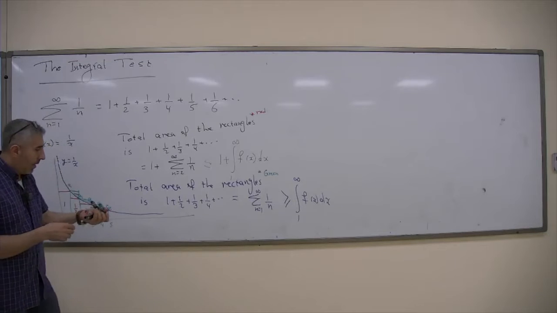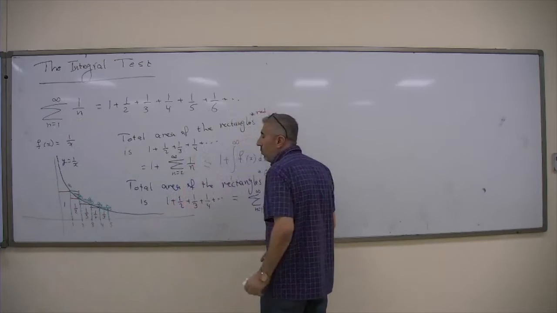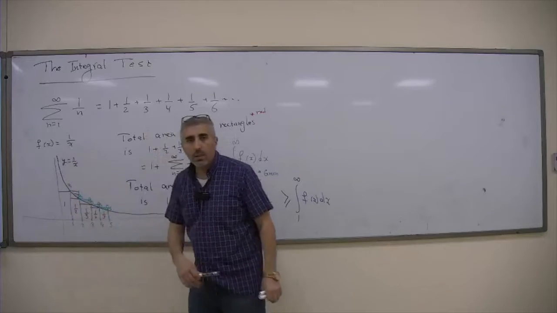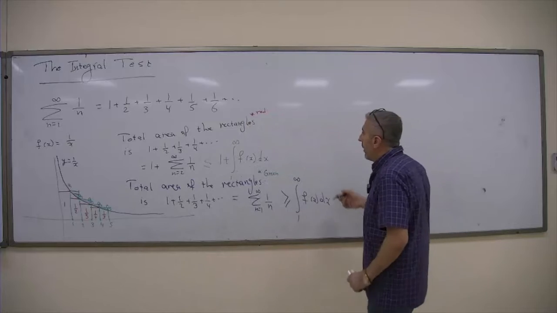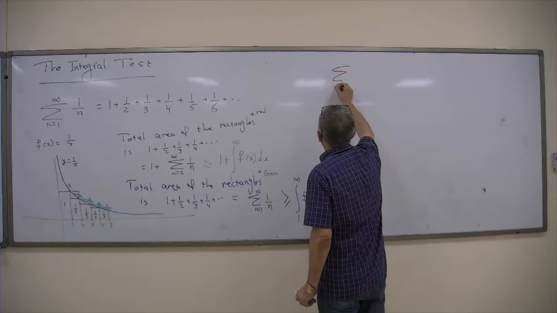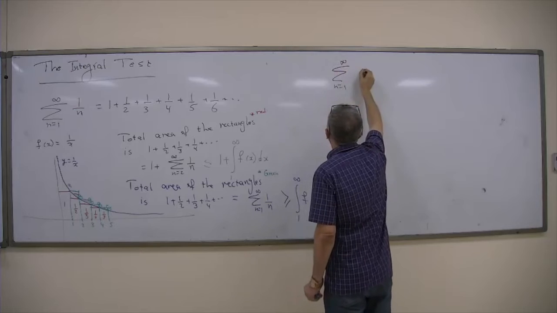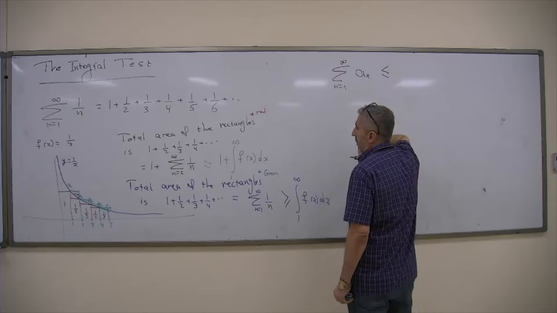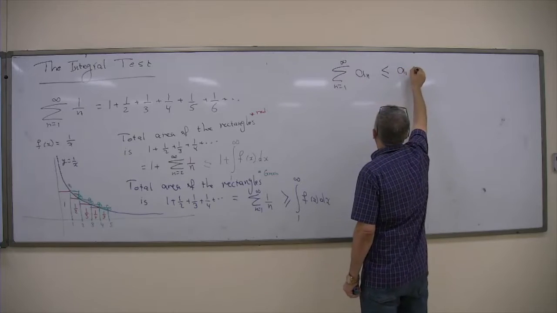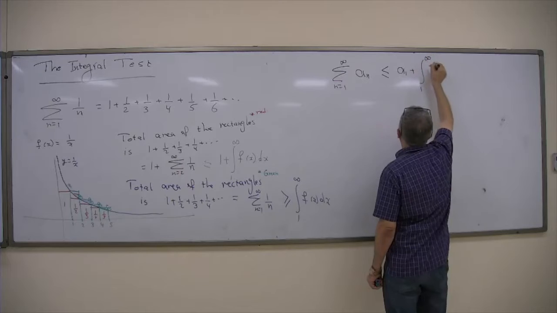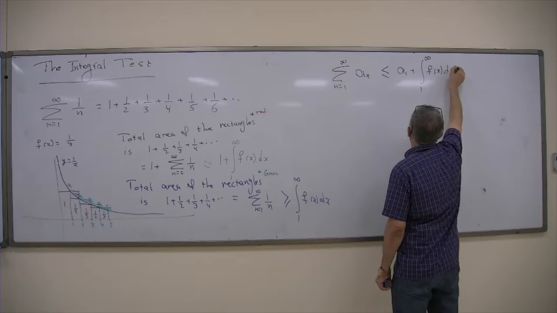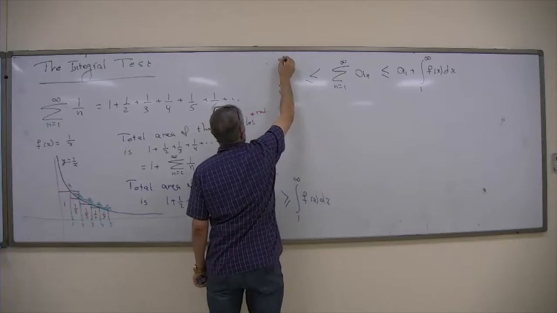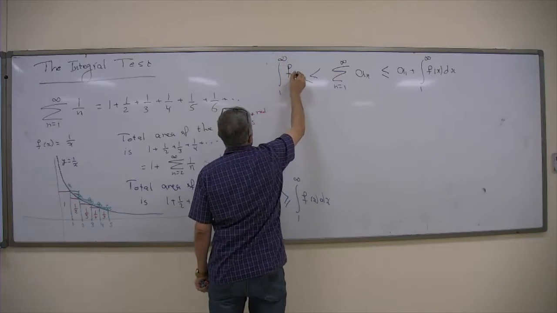And that tells us, not only when it is 1 over n, when it is any function that satisfies similar properties, we are going to get summation n from 1 to infinity a_n is less than or equal to a1 plus integral from 1 to infinity f of x dx, and larger than or equal to integral from 1 to infinity f of x dx.